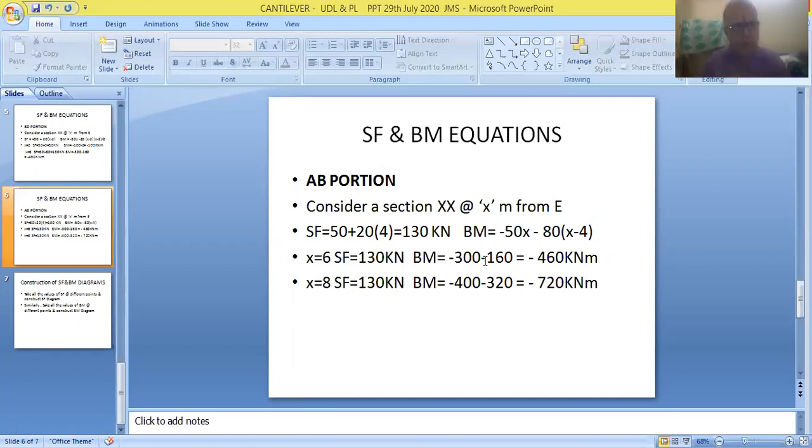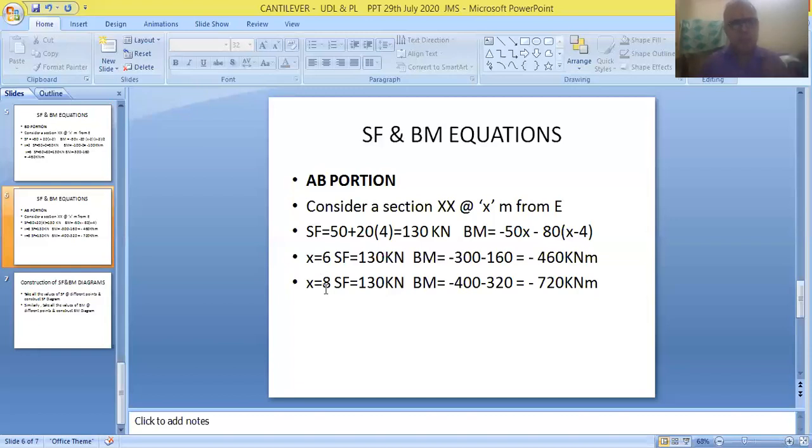Now the lower limit should be fixed as 6 meter. That is, point B is at a distance of 6 meter from the free end, and point A is at a distance of 8 meter from the free end. So the lower limit is fixed as 6 meter and the upper limit is fixed as 8 meter.